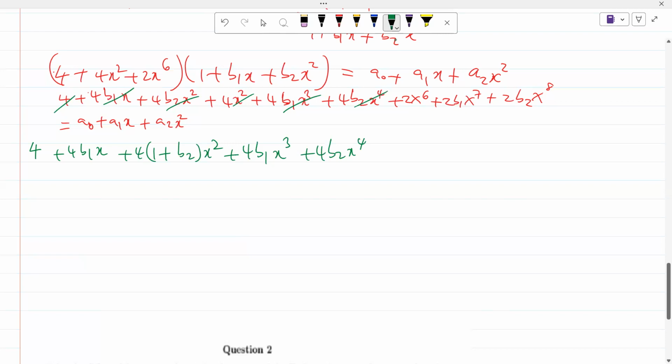And then you have the rest: 2x to the 6th power, 2b1 x to the 7th power, plus 2b2 x to the 8th power, and this is the same as a naught plus a1x plus a2x squared. Padé approximations is what we're discussing now, with the R4 of x formula. We shall discuss generalizations of the Padé approximation method.